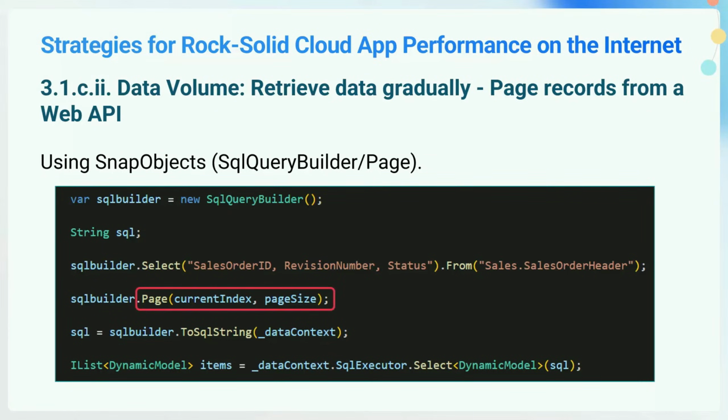This function takes two arguments, current index and page size, and gives us similar functionality to the retrieve by page method we just saw with the .NET DataStore. Once the query is ready, we generate the SQL statement with the toSQLString function. Finally, SQL Executor lets us run that SQL statement with the select function. This SnapObjects approach offers flexibility in structuring the result set, since it can use dynamic models to shape the final output.